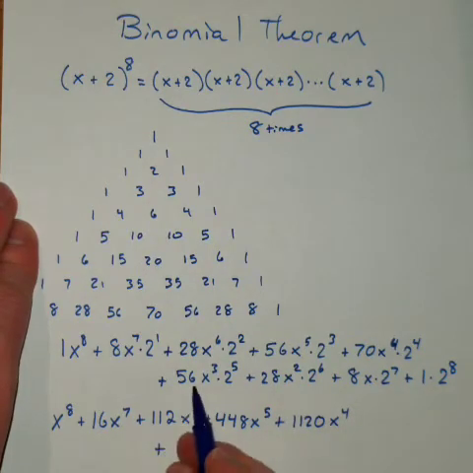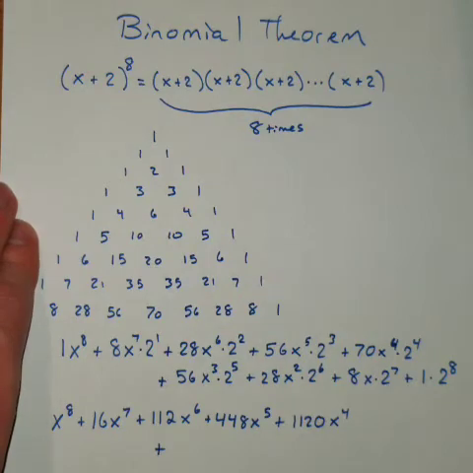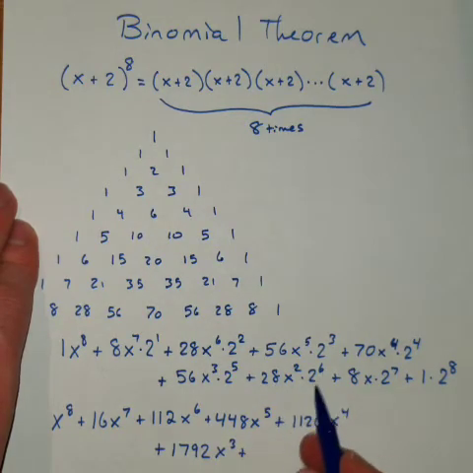Then 56 times 2 to the 5th is 32. So 56 times 32 is 1,792 times x cubed. Then you get 28 times 2 to the 6th. 2 to the 6th is 64.